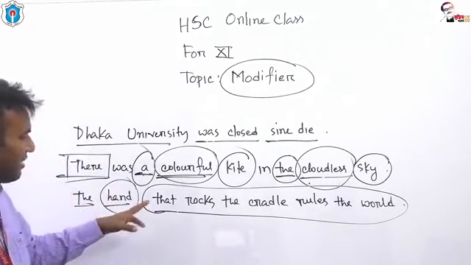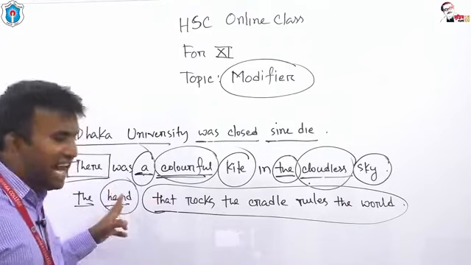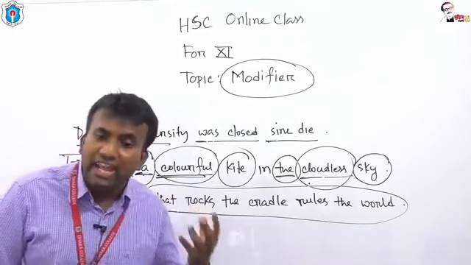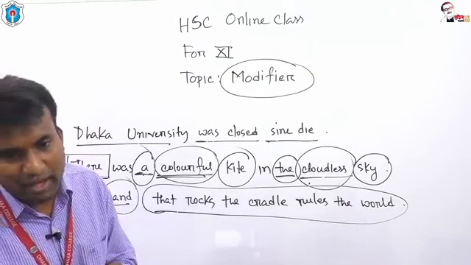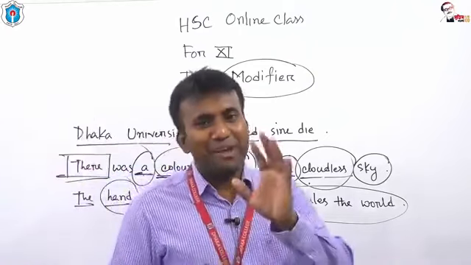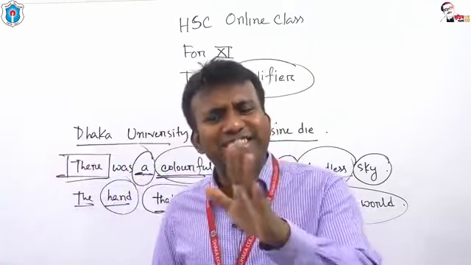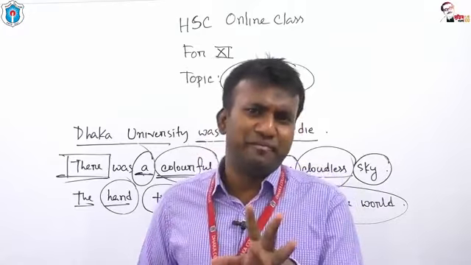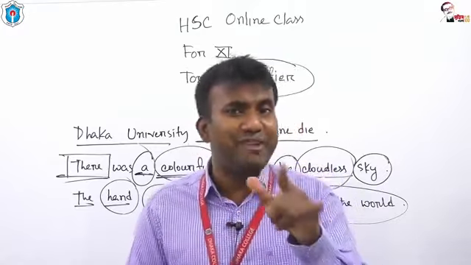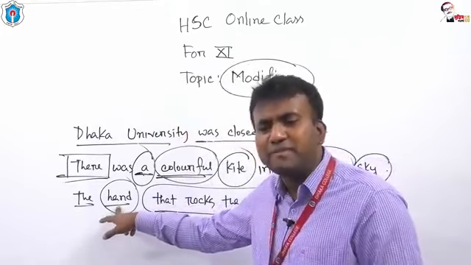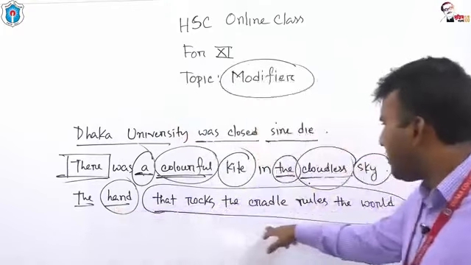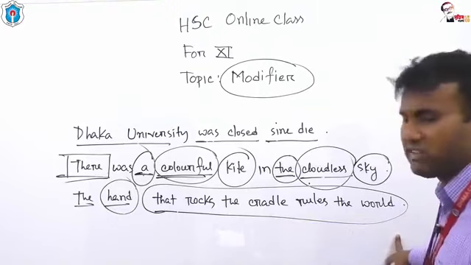Here, the word hand is being modified by the whole clause. Noun is qualified by adjective. Pronoun is qualified by adjective. Here, the word hand is being modified by that rocks the cradle rules the world.